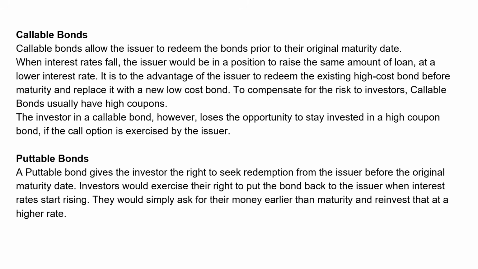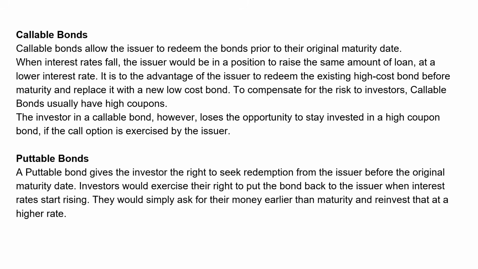Now let's come to callable bonds. Callable bonds allow the issuer to redeem the bonds prior to the original maturity date. So callable and puttable. Again, we are coming to option trading somehow, but I will make it clear for you what callable bonds mean. Let's say that the issuer of the bond, somebody who is a borrower, is the one who is issuing the bond, right?